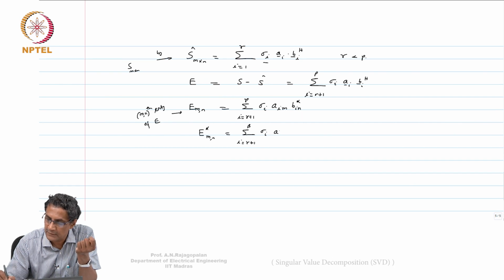Now you will get the whole star, so this is simply a star i(m) b_i(n).